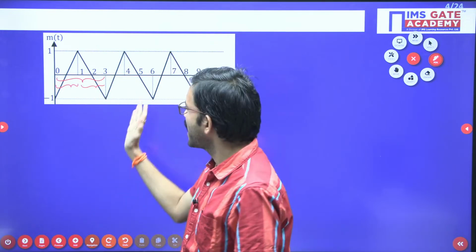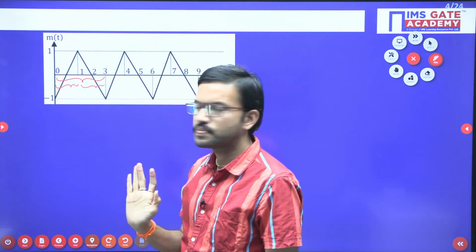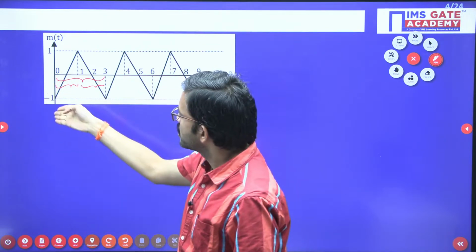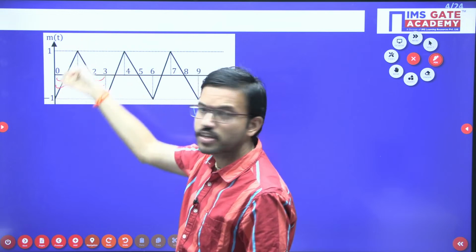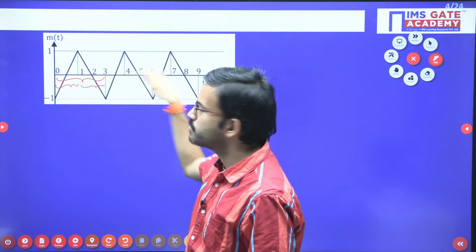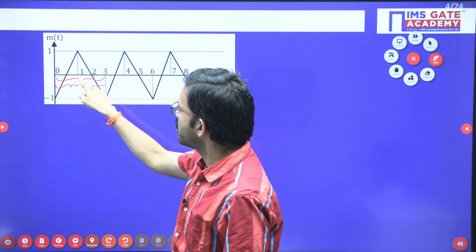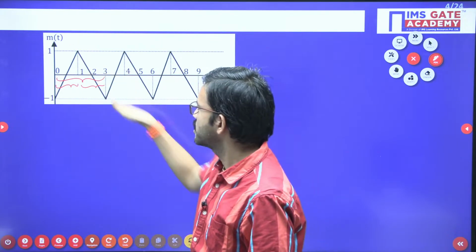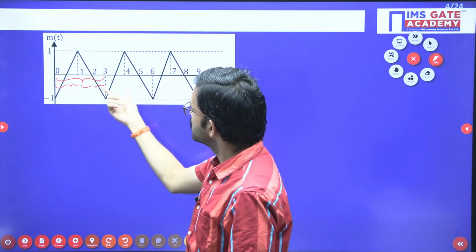I haven't made exactly equal intervals. From 0 millisecond to 1 millisecond, the waveform is a linearly increasing function with respect to time, whereas from 1 millisecond to 3 millisecond, it is linearly decreasing. Like that, the pattern is repeating.